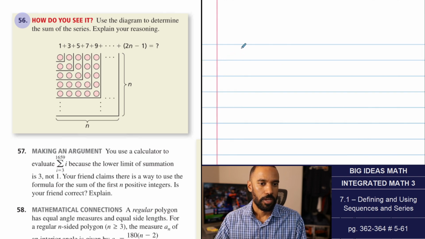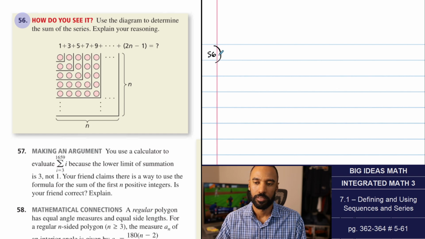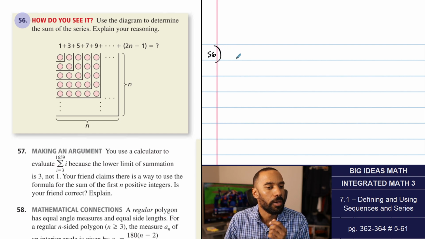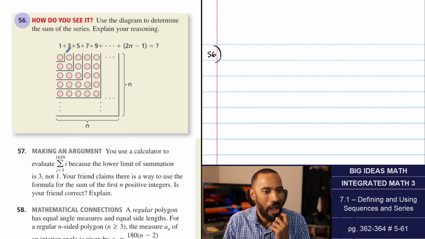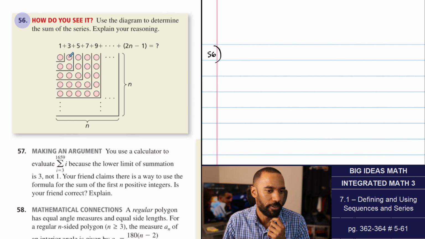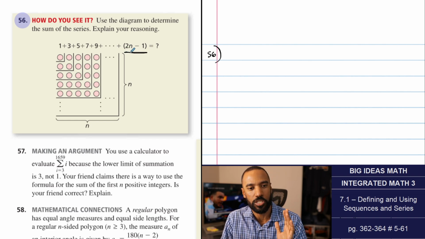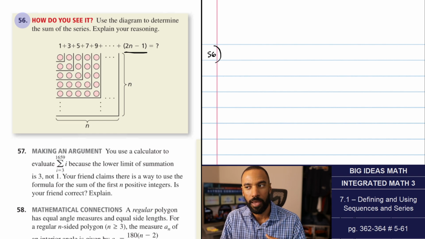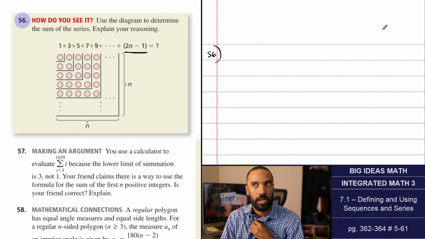How do you see it? Use the diagram to determine the sum of the series. Explain your reasoning. Okay, cool. So like this is the first term, here's the second term, third, etc. They said it goes all the way to some 2n minus 1. The nth term has 2n minus 1.